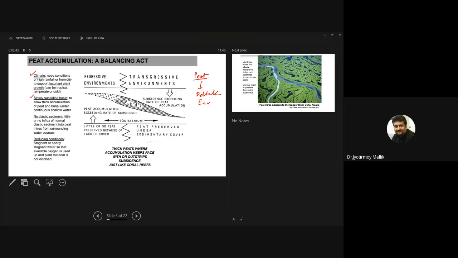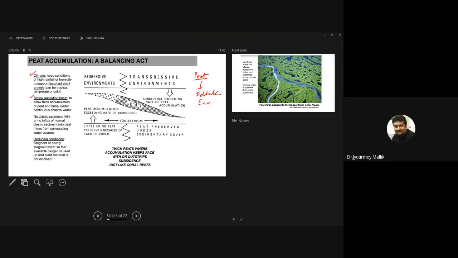The second thing is, a lot of heterogeneous influx would put a lot of inorganic material into the basin, which will decrease my accommodation space for the organic matter. And secondly, in terms of coal quality, it will also increase the number of partings, and hence the mineral matter and ash content would increase.